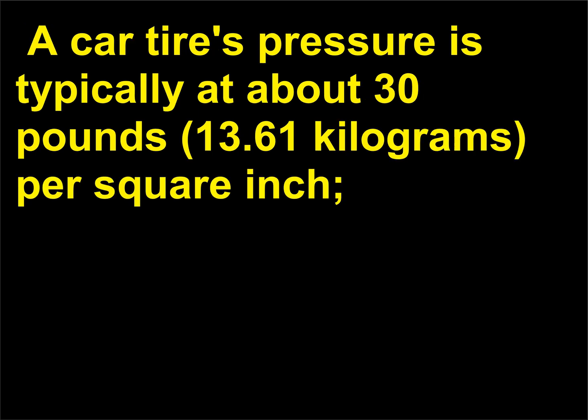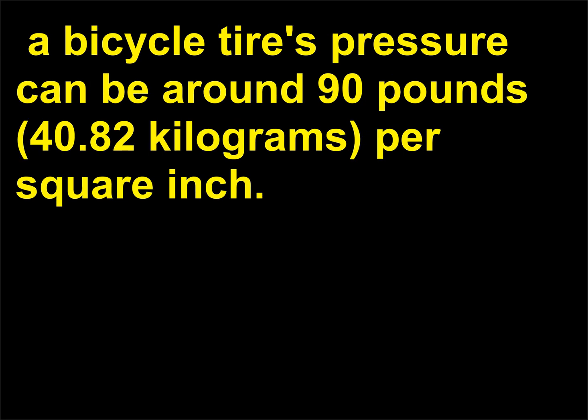A car tire's pressure is typically about 30 pounds, 13.61 kilograms, per square inch. A bicycle tire's pressure can be around 90 pounds, 40.82 kilograms, per square inch.